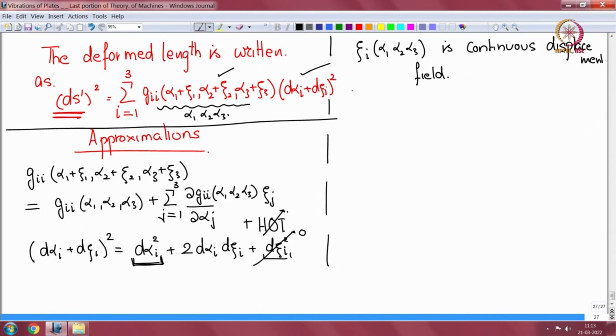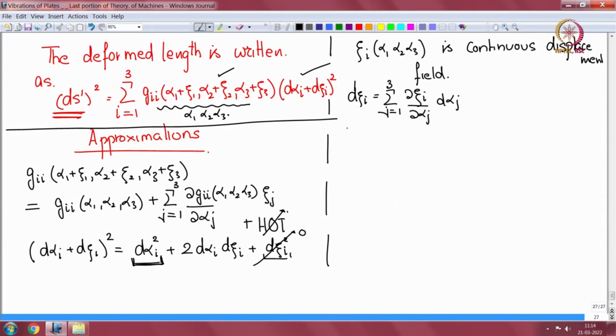And therefore d xi i we write as a summation over j from 1 to 3 of del xi i by del alpha j d alpha j.